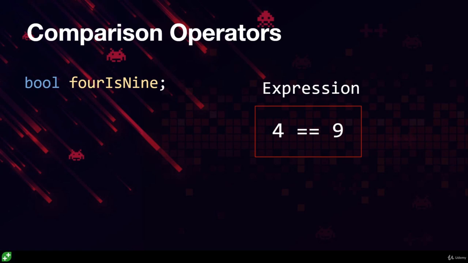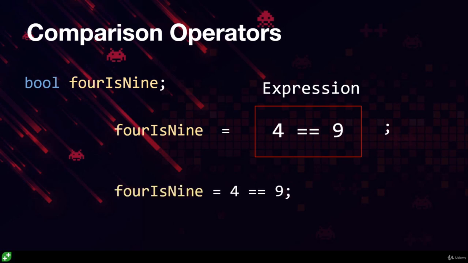Let's say we've declared a Boolean variable called 4 is 9. Since this expression returns a bool, we can store that return value in our variable using the assignment operator, provided we place a semicolon at the end, since the act of assignment is a statement. Now, the resulting statement might look a bit confusing as we're mixing the use of the assignment operator with the use of the equal to operator.